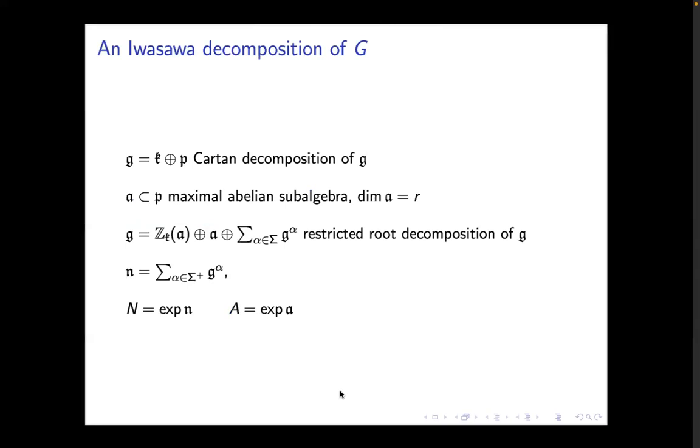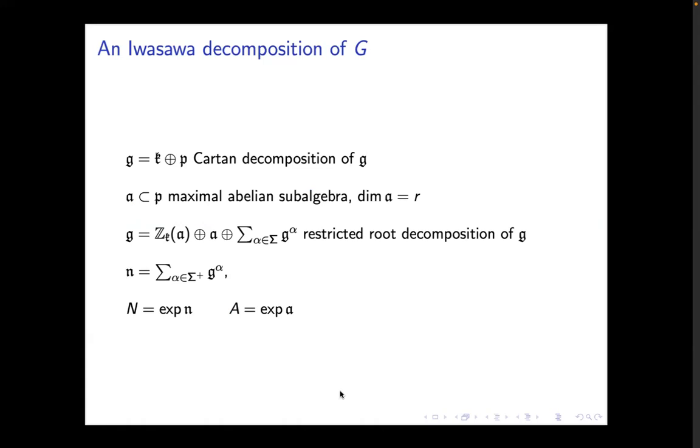Okay, so if we want to obtain an Iwasawa decomposition of G, we take the Lie algebra, we have a Cartan decomposition of g, and we take a maximal abelian subalgebra a in p, which is R-dimensional, because our space is of rank R. So we have the restricted root decomposition of g.